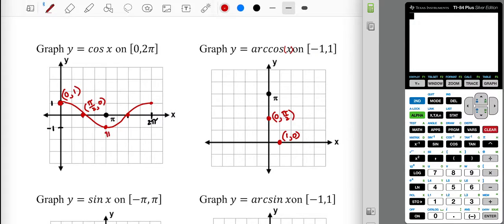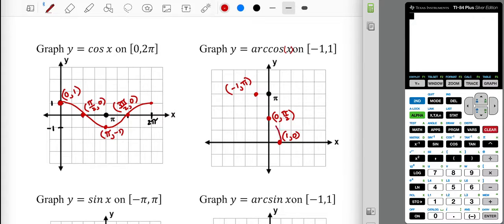Next up we have pi comma -1. So we'll plot -1 comma pi. After that we would have 3 pi over 2 comma 0, at which point we would plot 0 comma 3 pi over 2.